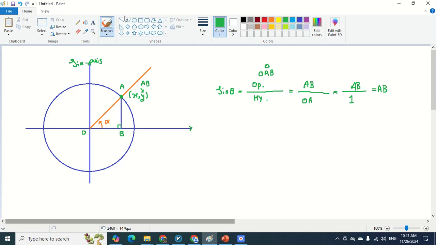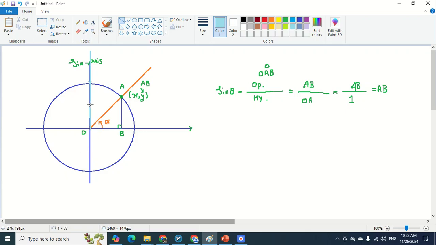What does it mean? For instance, if you consider one ray at 0, then the y value of that one is equal to 0. So sine at the point 0 is 0. If you go forward to 90 degrees, then the y value is equal to 1. So the sine of 90 degrees is equal to 1.